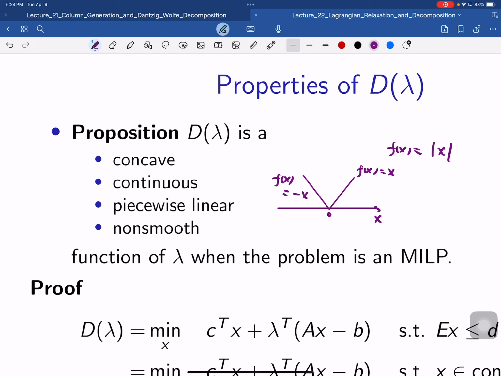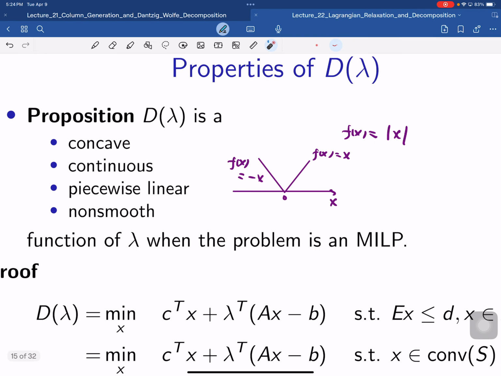If you take any point on this function, for example a point here, it is differentiable, right? The derivative equals 1. And if you take a point here, the derivative is minus 1, right? But if you think about the point x equals 0, you don't get a derivative here, right? The absolute value function is non-differentiable at the point x equals 0. That's the simplest example of a non-smooth function.